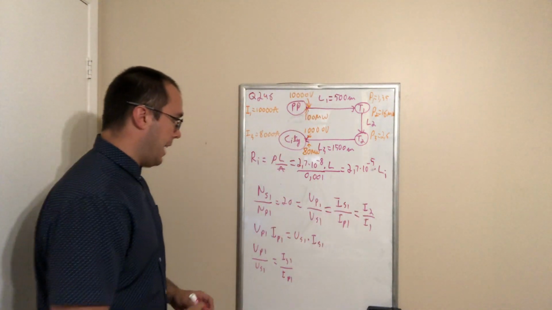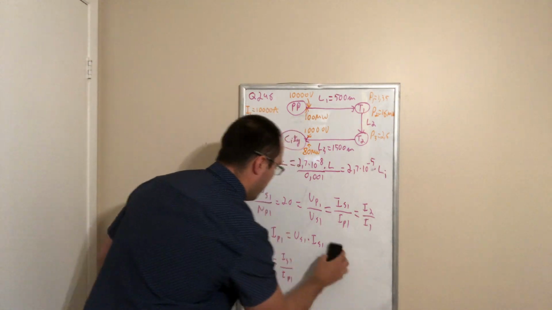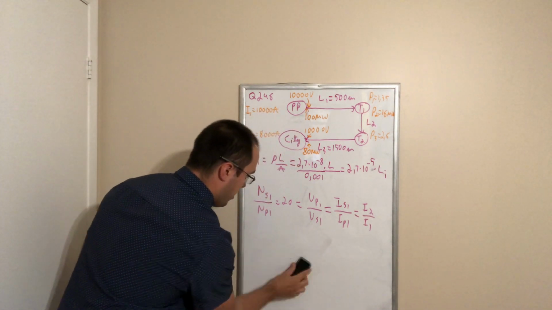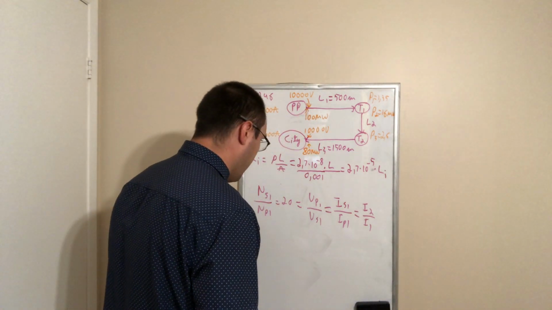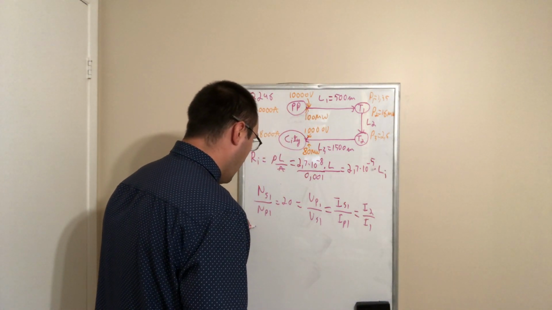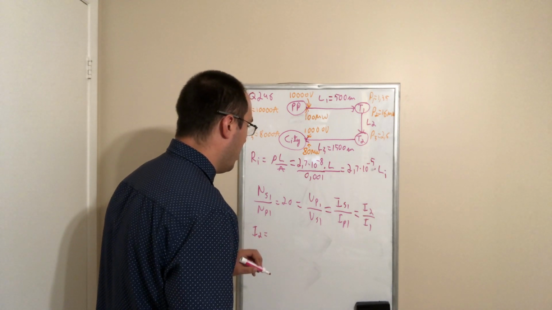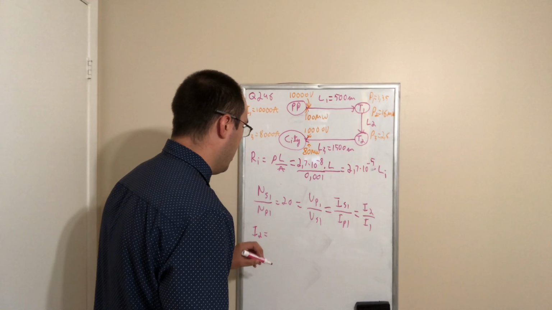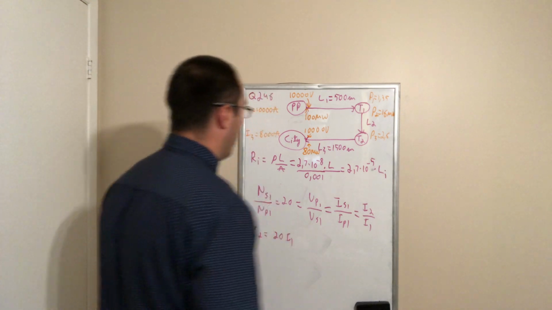So we just found that, and I'm going to erase that section on the bottom. So we just found that I2 is equal to 20 times I1.